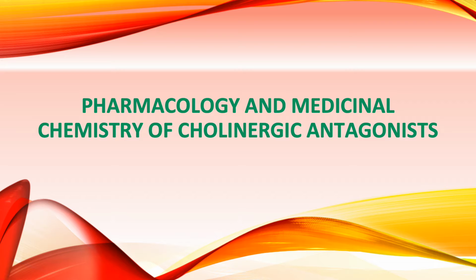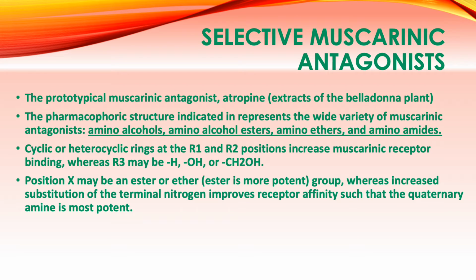Now, those unfavorable events can turn out into favorable ones, and that will make them cholinergic antagonists instead. So this antagonism can become selective to the muscarinic receptor, or they can be selective to the nicotinic receptor.